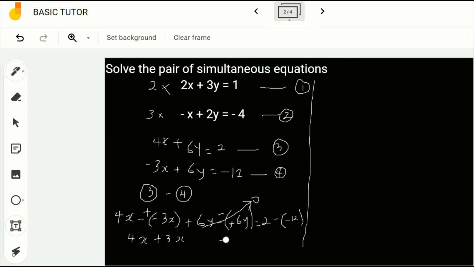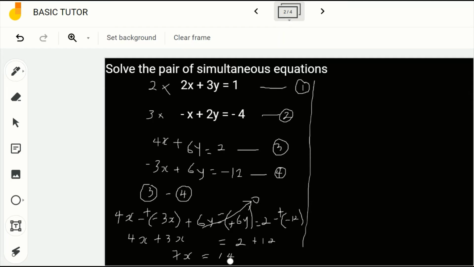We have equal to 2 minus minus 12; minus and minus gives us a plus, so we have 2 plus 12. 4x plus 3x gives us 7x, equal to 2 plus 12, which gives us 14.